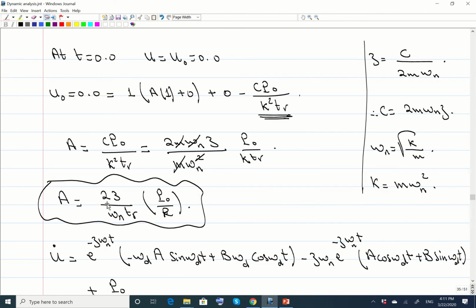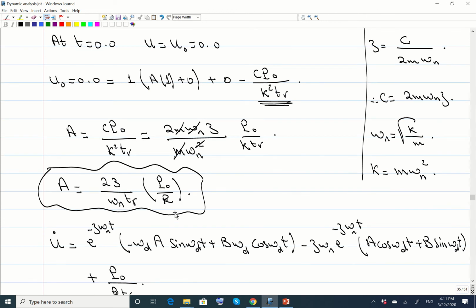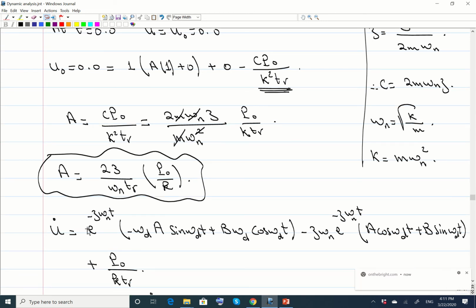We're going to get that a is 2 zeta divided by omega n tr, okay, multiplied by p naught divided by k, okay? So that's the constant a, okay?